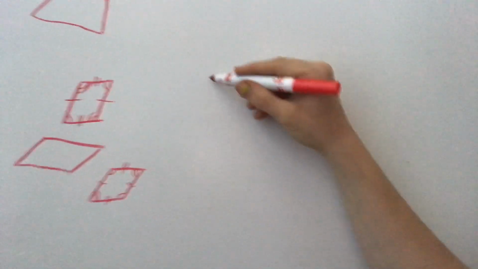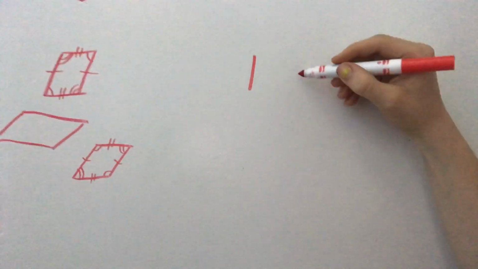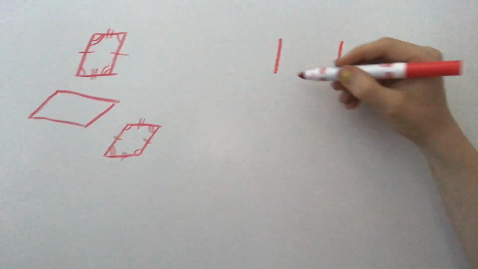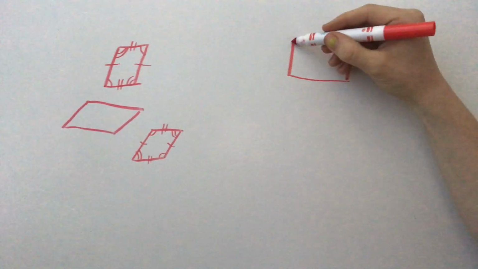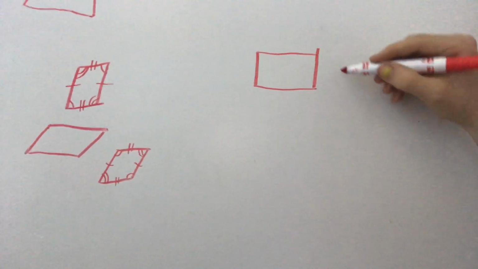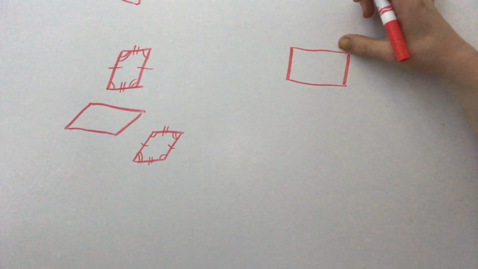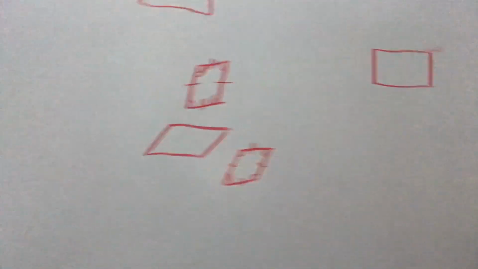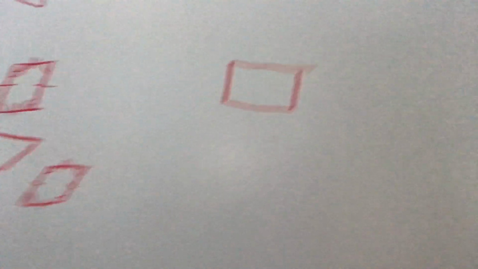It's called, I think we're all familiar, a rectangle. Oops. So a rectangle is a parallelogram. Okay, well, let's not get you confused.